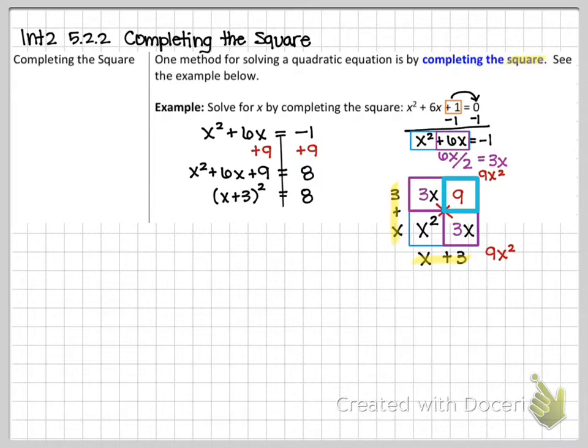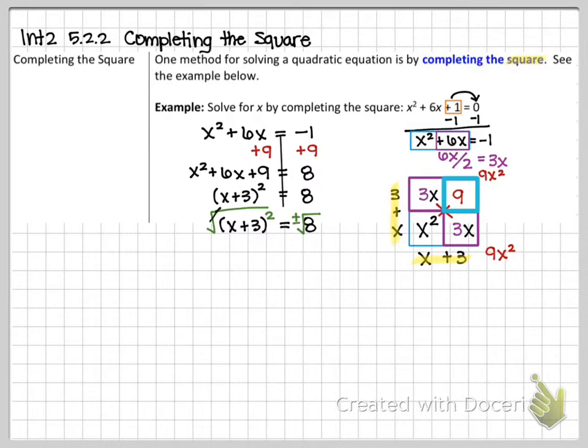So to get rid of the squared, let's write down what we have here. I'm going to get rid of that squared since it's the thing that's the furthest on the outside. Well, to get rid of it, I'm going to have to square root both sides. Remember, plus or minus in front of that 8.